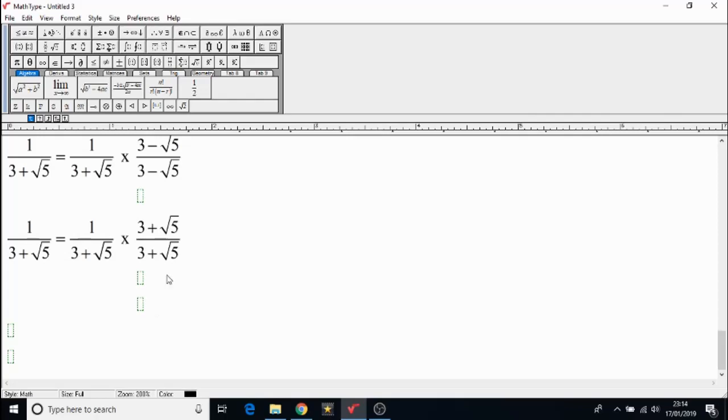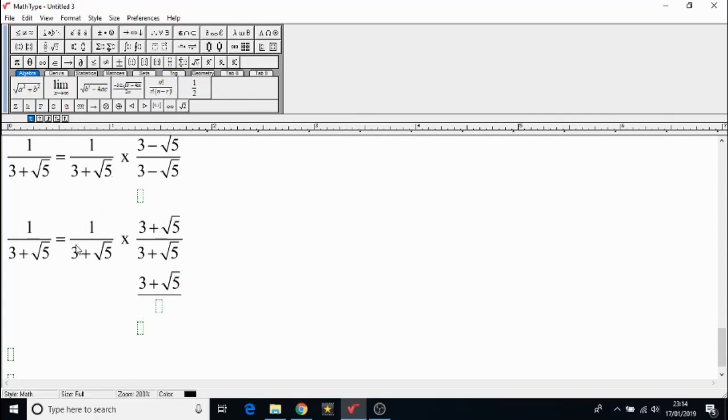Because multiplied by 3 plus the root of 5, you're going to get 3 plus the root of 5 multiplied by 3 plus the root of 5.